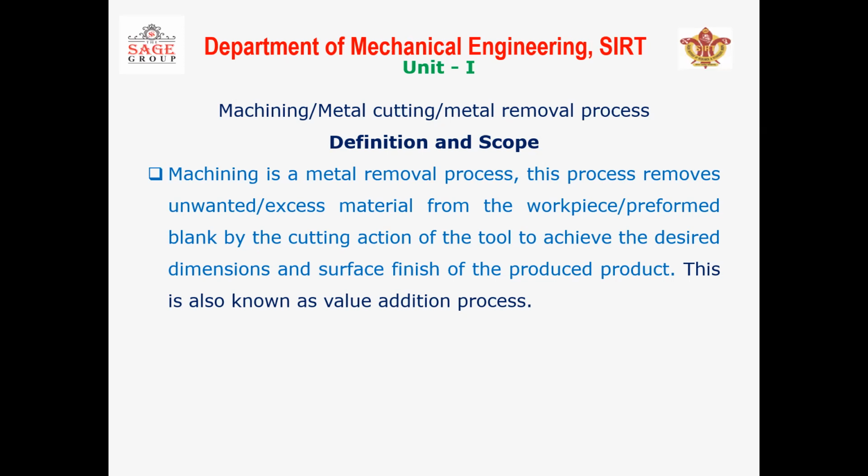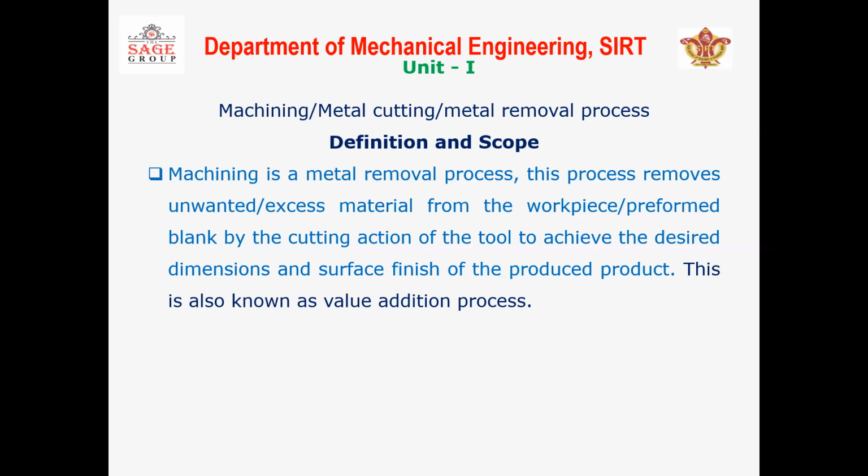Ultimately, in the machining process, with the help of a machine and cutting tool, we remove the unwanted material from the workpiece and we get the proper shape and size of the object as per our requirement. This process is also known as value addition process. Now, what do you mean by value addition process?